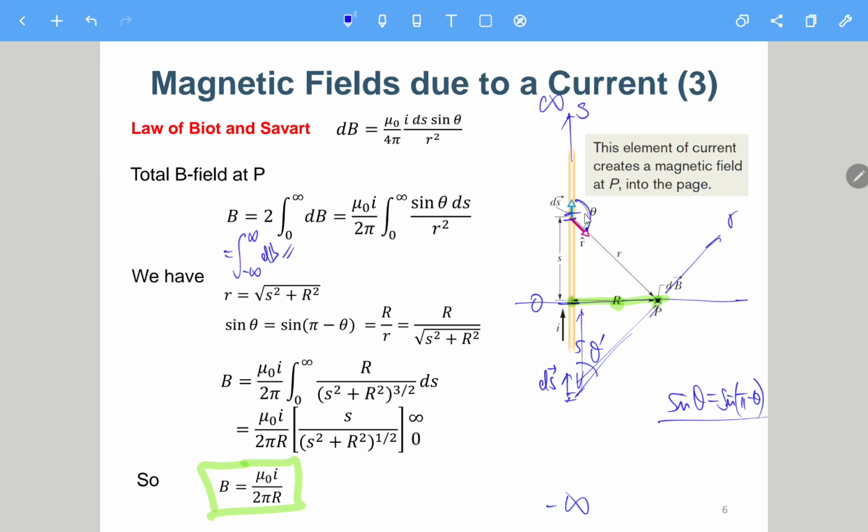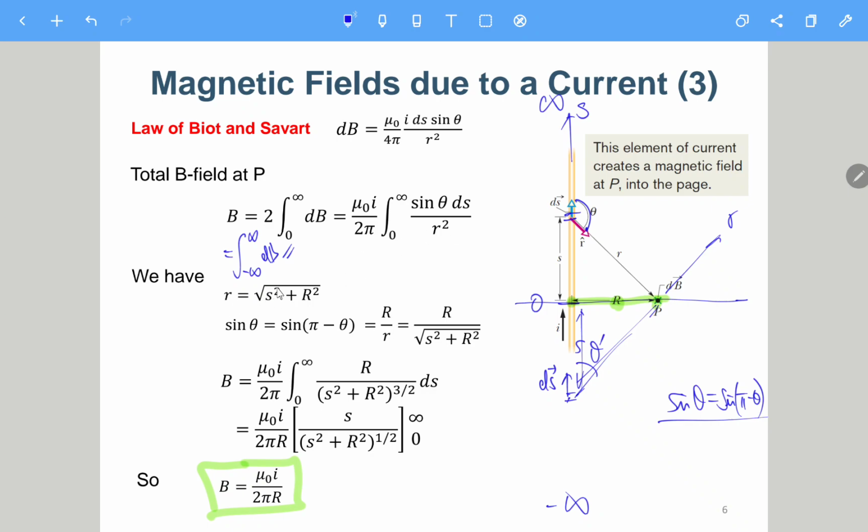So this is small r, the distance from this point to this point. According to the Pythagorean theorem, r is the square root of s squared plus capital R squared.